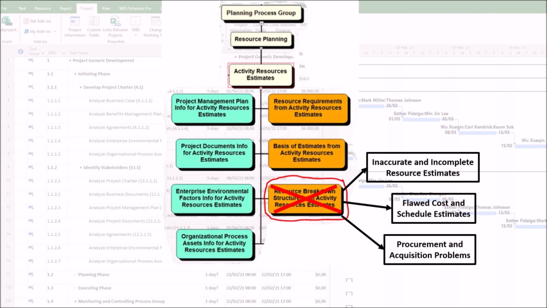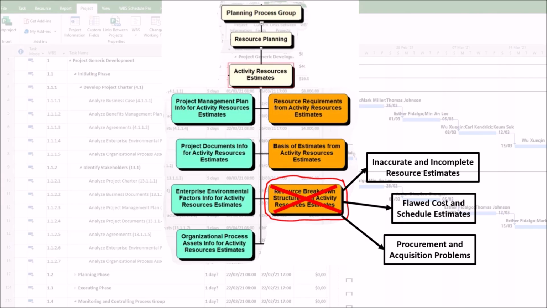3. Procurement and acquisition problems. The resource breakdown structure is a key tool for identifying what needs to be procured versus what can be acquired internally, as follows. First, procurement delays. A poor resource breakdown structure that fails to distinguish between internal staff and vendor resources will delay the procurement process.